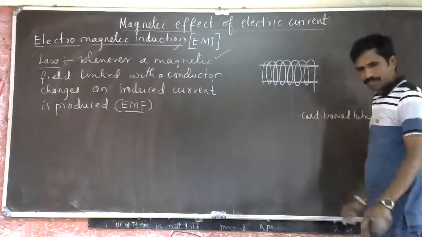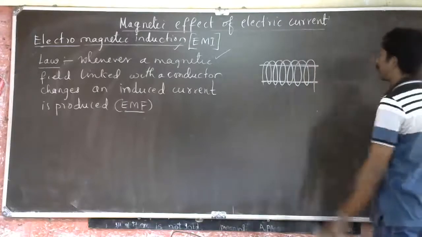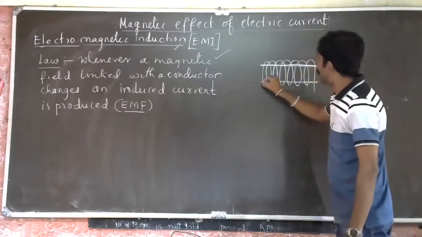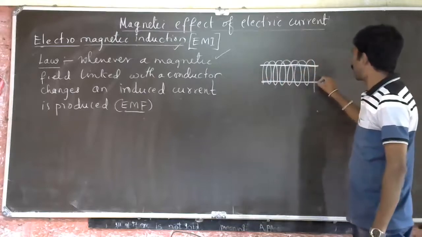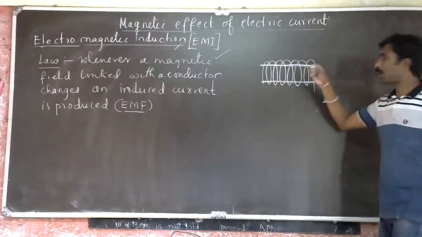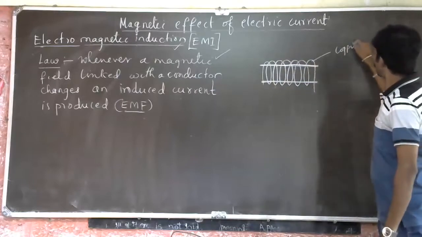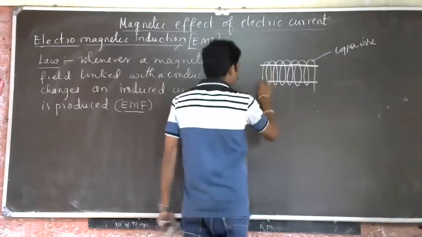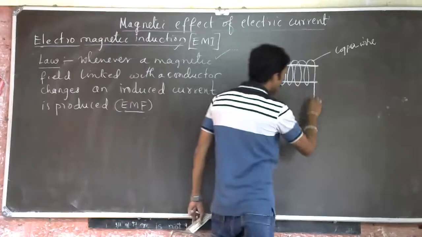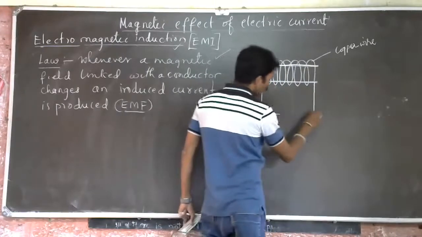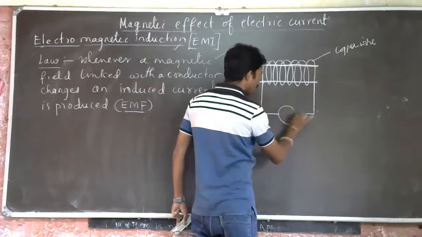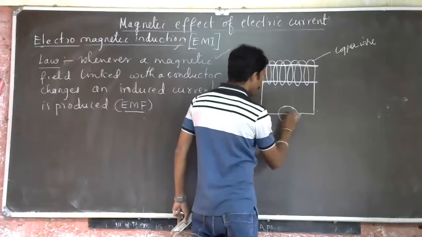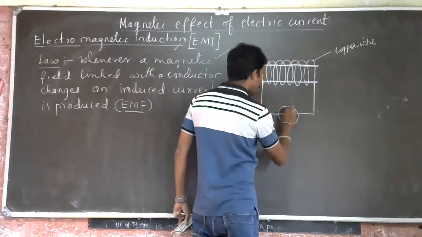Is it clear? So this is a hollow tube, and on that he wound an insulated copper wire, and the free end of the wire is connected to a device called a galvanometer, which contains a needle.